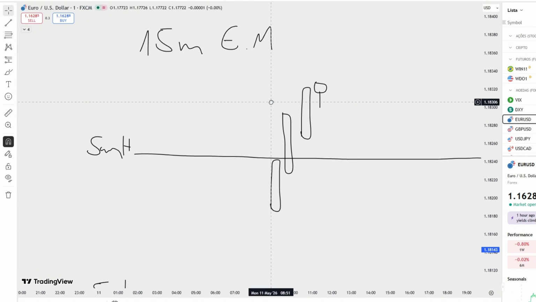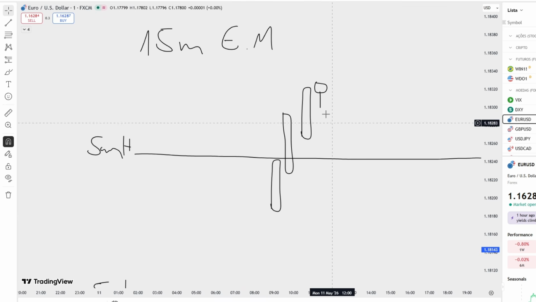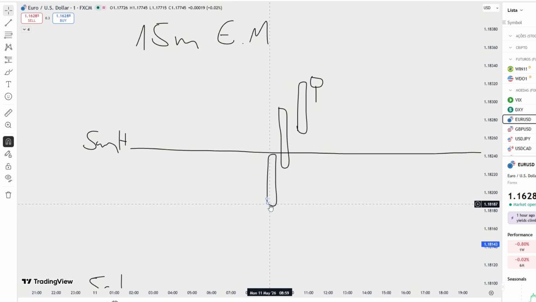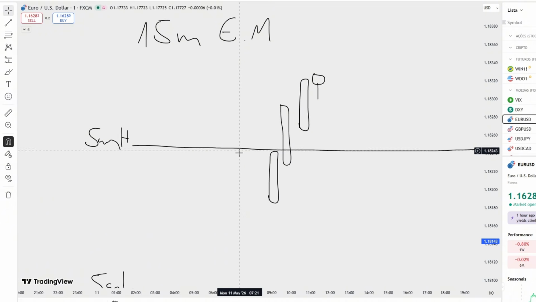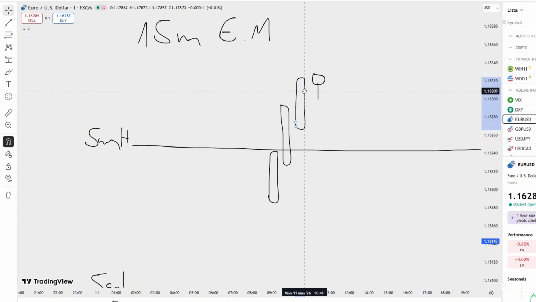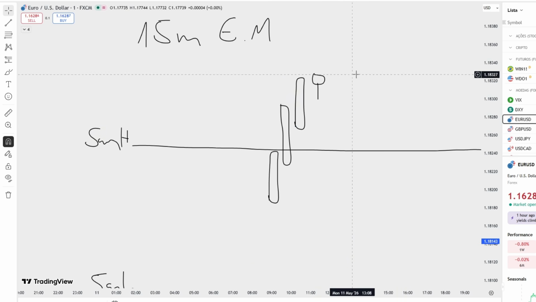What you want to see is price rejecting this area right here. So you don't want to see price moving up with strength up here. Another 15-minute candle, because remember, this is all 15-minute candles, so it's a lot of time inside here. Another 15-minute impulsive candle, and another 15-minute impulsive candle. This is a clear acceptance through this level right here.